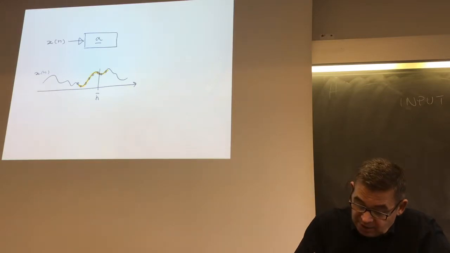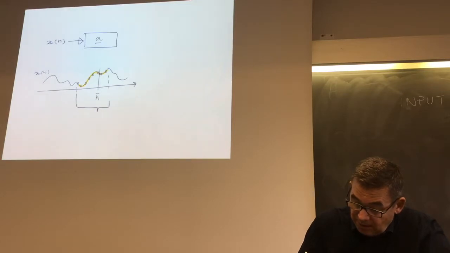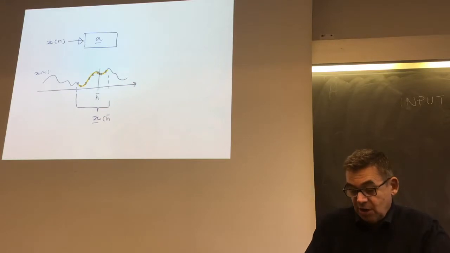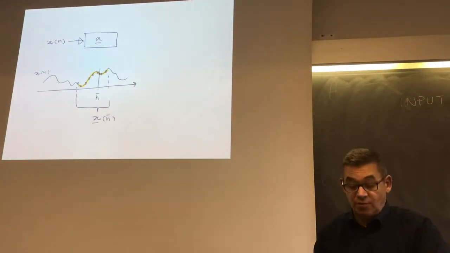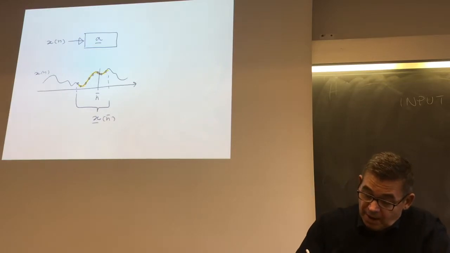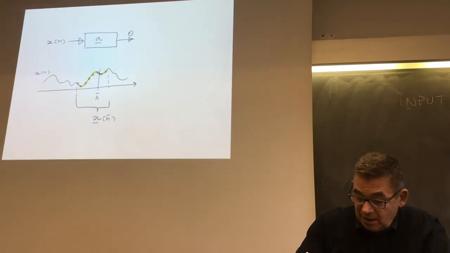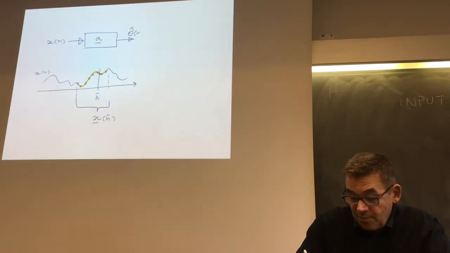I'm calling this vector of samples x vector n naught, just to remember where I selected this set of random variables. And then I'm using this one to estimate theta hat. So this theta hat is for the sample n naught.